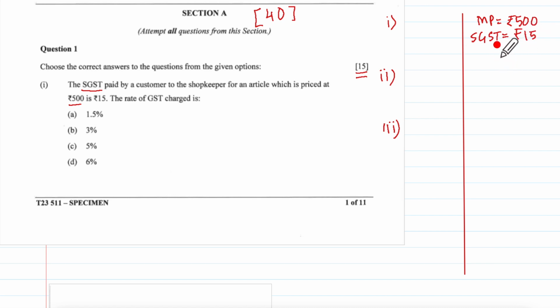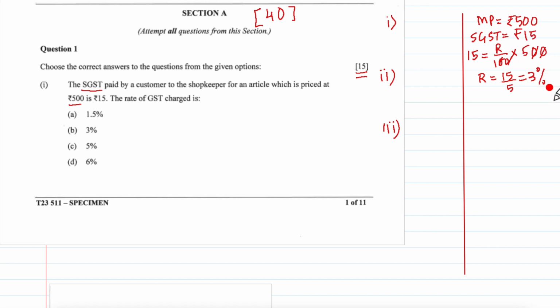Now the SGST rate percent will be found by writing the SGST, that is rupees 15, is going to be, let us say, R% of MP. Alright, now in place of MP, you can write 500 directly, and then you will see that it is 5 here. So R will be equal to 15 upon 5, which is 3%.